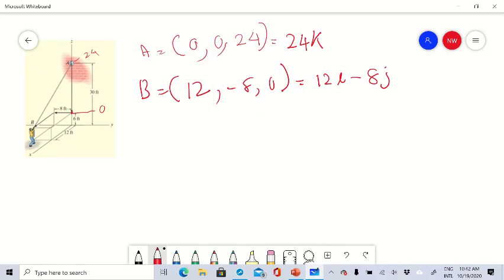So these are the position vectors. Then what is the vector AB?